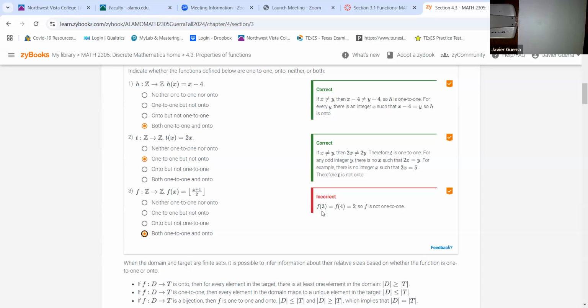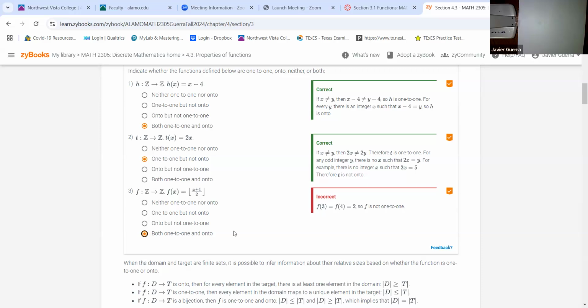If you plug in 3 for x and 4 for x, you're going to get 2. So both of those numbers go to 2. So it is not one-to-one.